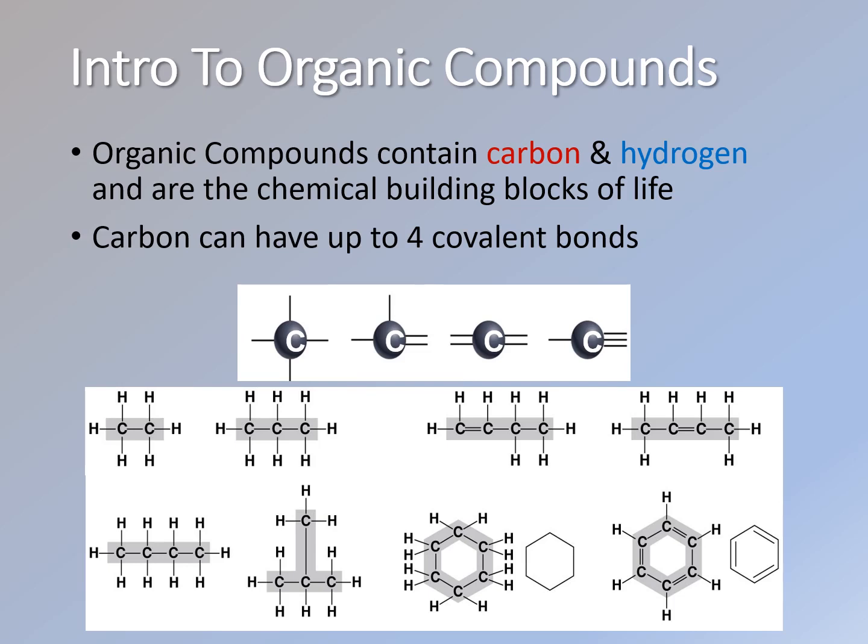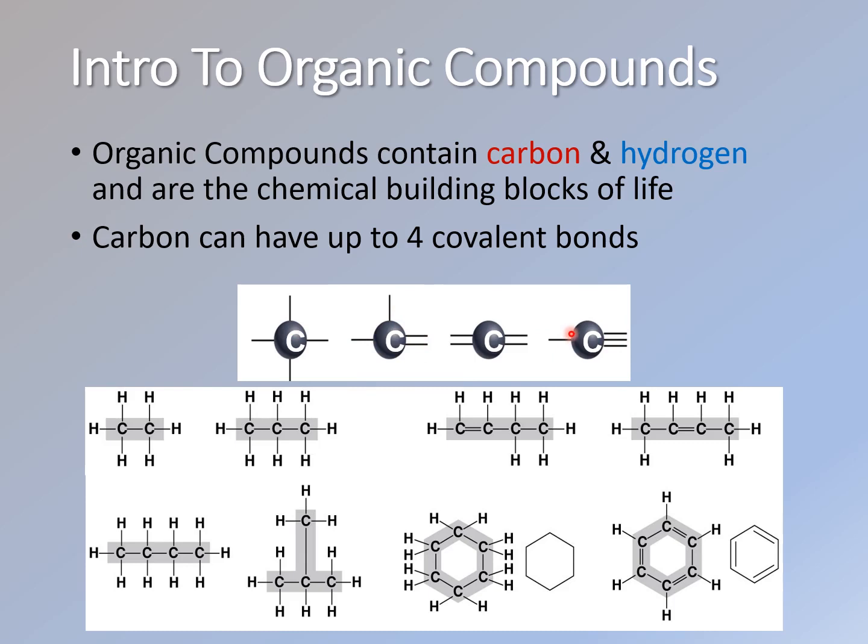What's special about carbon is that it can have up to 4 covalent bonds. Remember we were talking about our different types of bonds, and covalent bonds are where two atoms share electrons, right? So we have a carbon atom here, and it can share up to 4 different covalent bonds, okay?